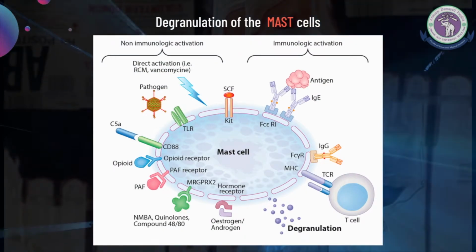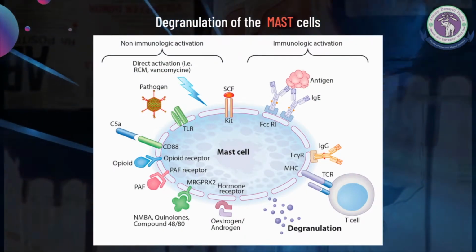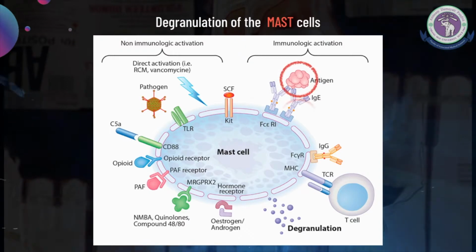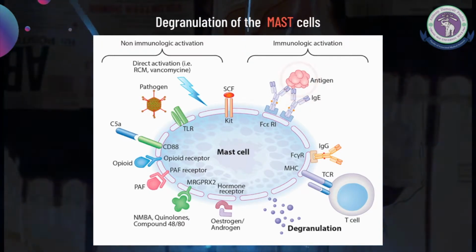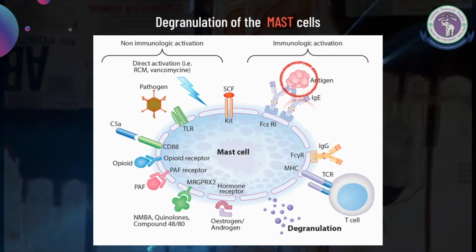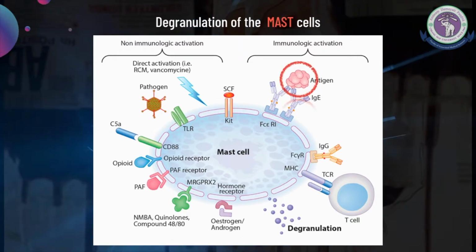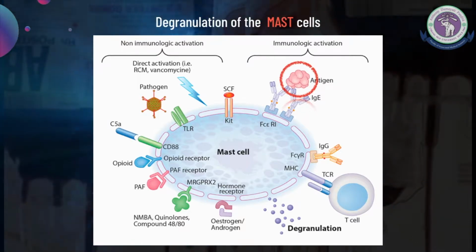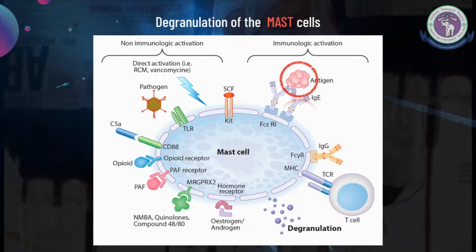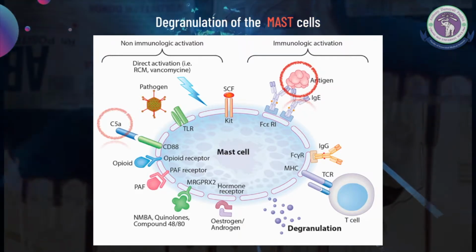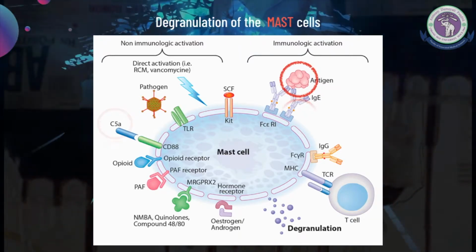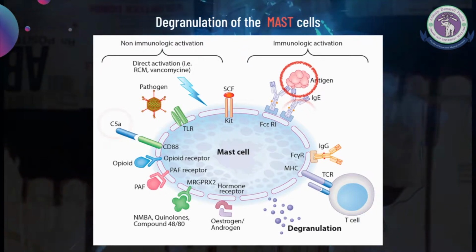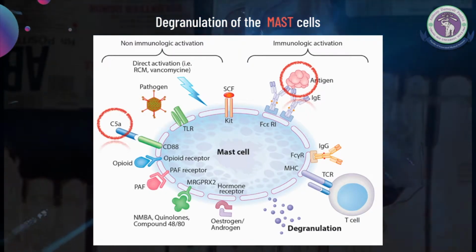Degranulation of the mast cells can occur in two ways. Firstly, immunologic activation or type 1 hypersensitivity. It occurs when an antigen and IgE antibody complex is bound through the IgE receptor on the cell membrane. Secondly, non-immunologic activation occurs when other ligands, including C5a, bind onto the cell membrane through specific receptors.